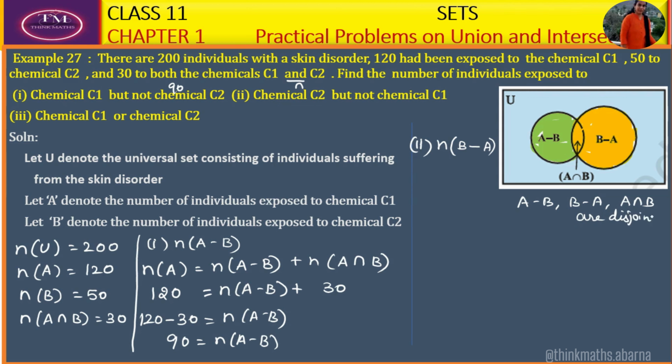This is the reason why we can write n of A is equal to n of A minus B plus n of A intersection B. So in the same way, n of B minus A. To find this, we are going to use the equation: the number of elements in B is equal to the number of elements in B minus A plus the number of elements in A intersection B. This is because B minus A and A intersection B are disjoint sets, so they don't have anything in common.